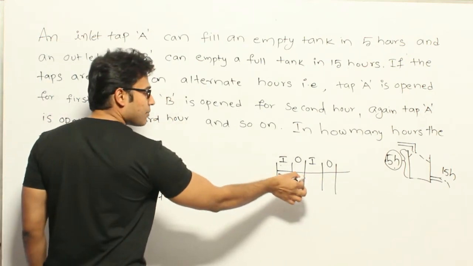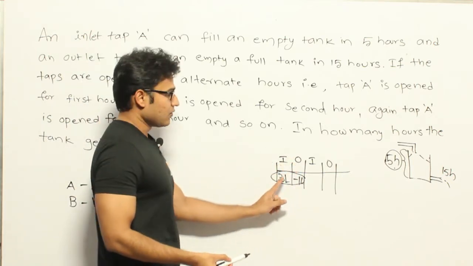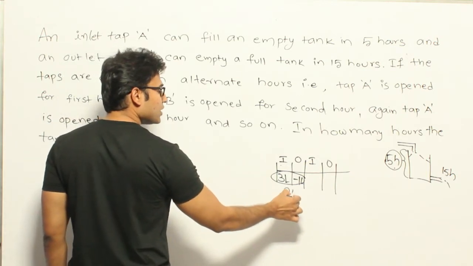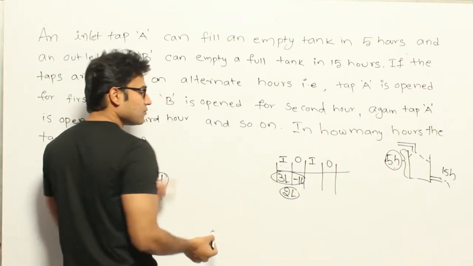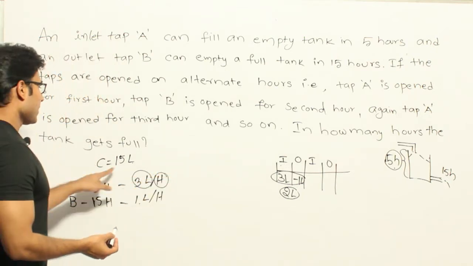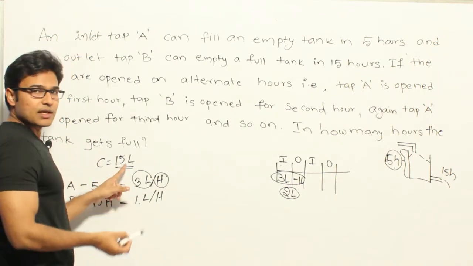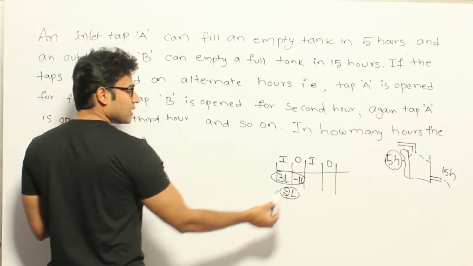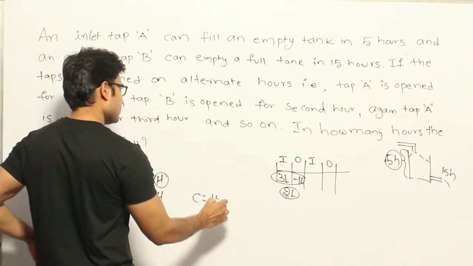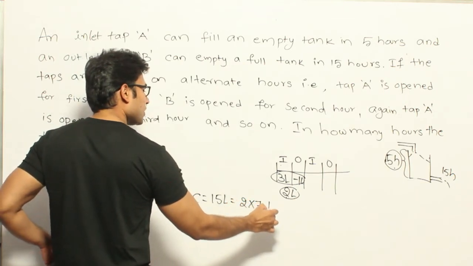Therefore, in one turn, 1 hour of this and 1 hour of this, we have 2 liters in the tank. What is the total capacity of the tank? 15 liters. This 15 is not a multiple of the turn capacity, so I write the tank capacity 15 liters as 2 into 7 plus 1.